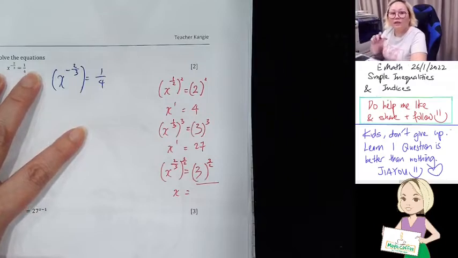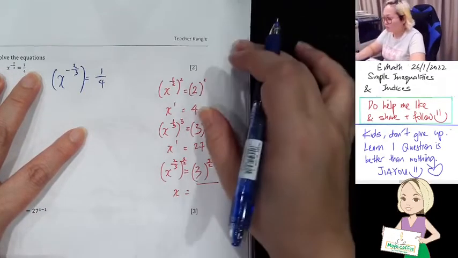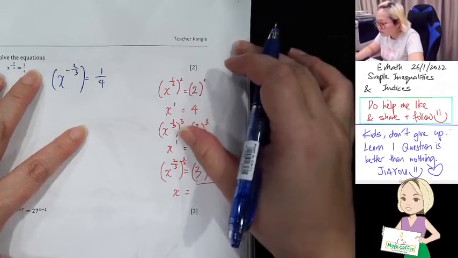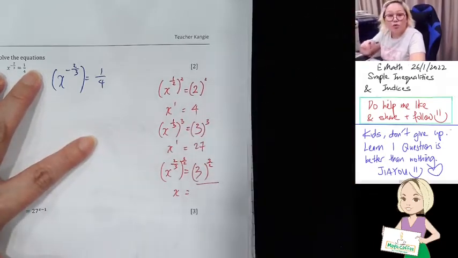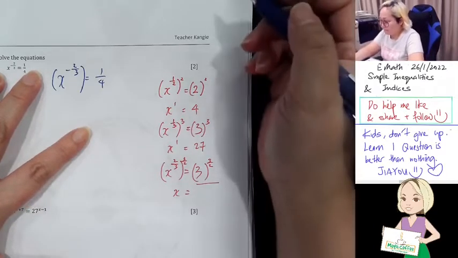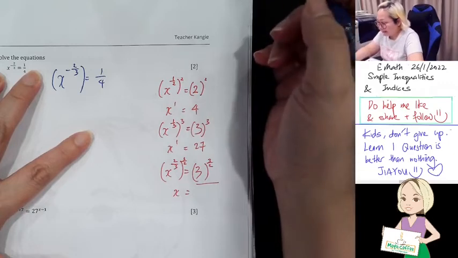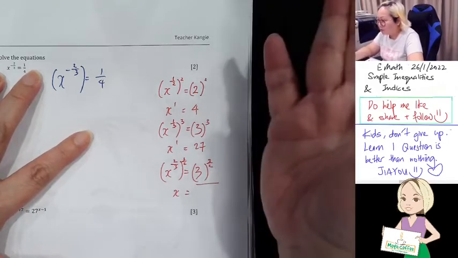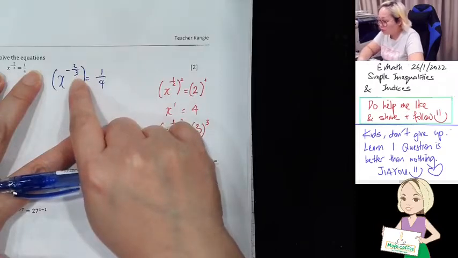Minus 2/3 times what gives you positive 1? No one? Minus 2/3 times what? Minus 3 over 2. Good.